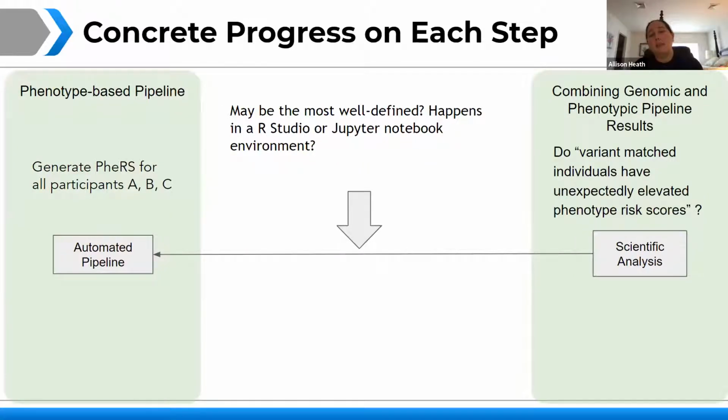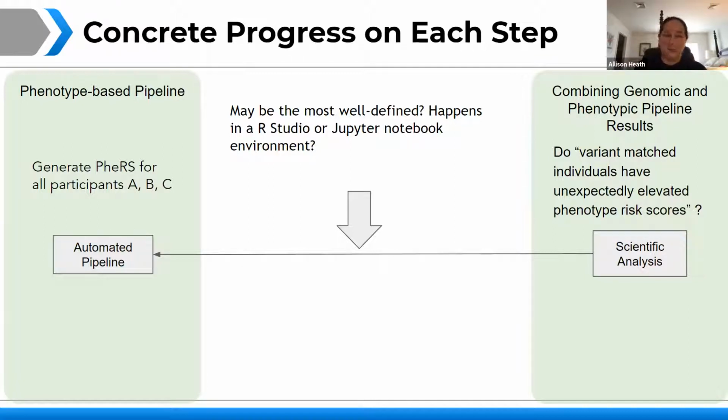I think that my hypothesis is this is probably the most well-defined, that once you have everything in tables across both the phenotypic and genomic space, this is where a lot of the current features and the platforms are addressed. You bring up your RStudio, Jupyter Notebook environment, and do your scientific analysis. So I'm hoping that by the time we get to this step, we're pretty good to go.